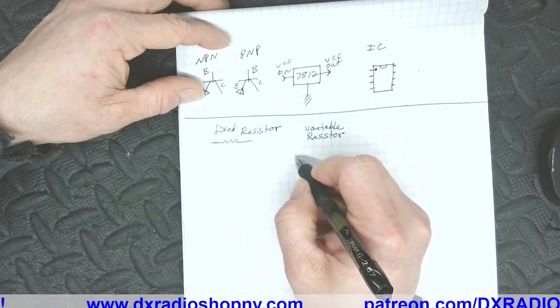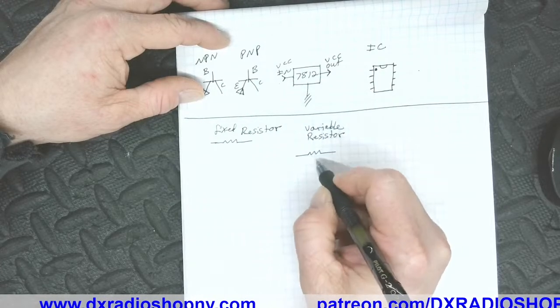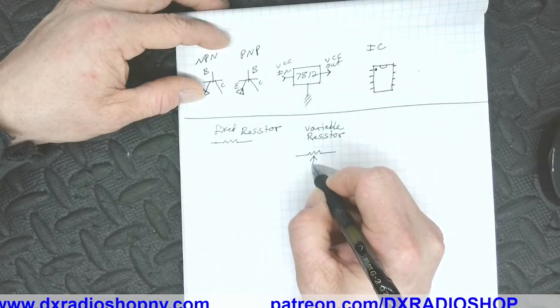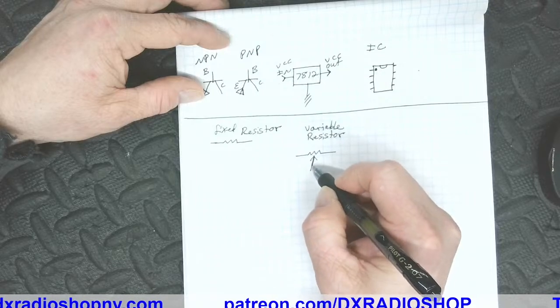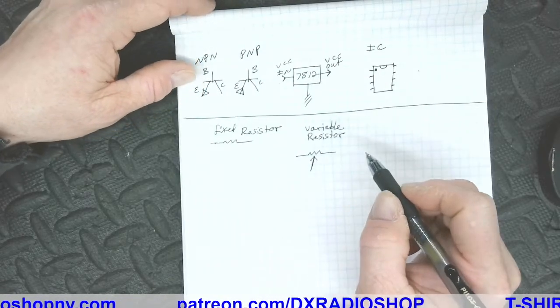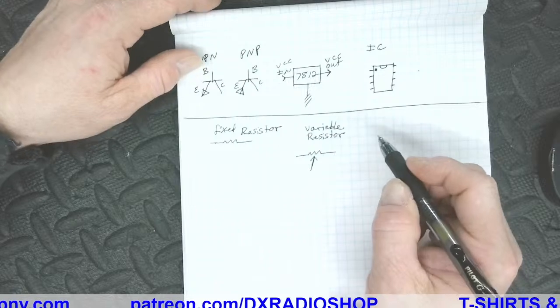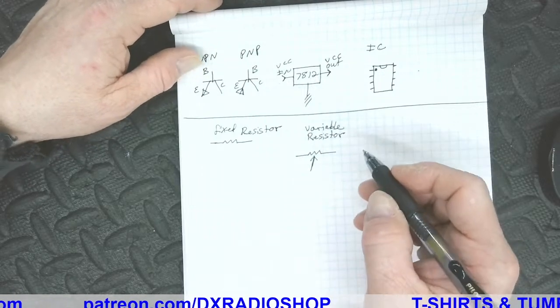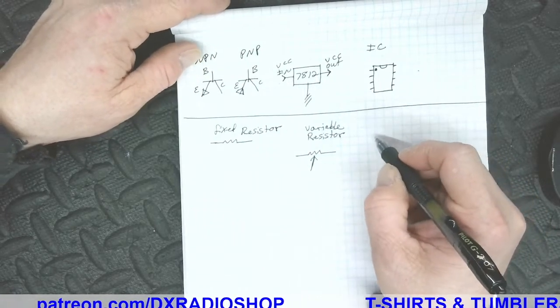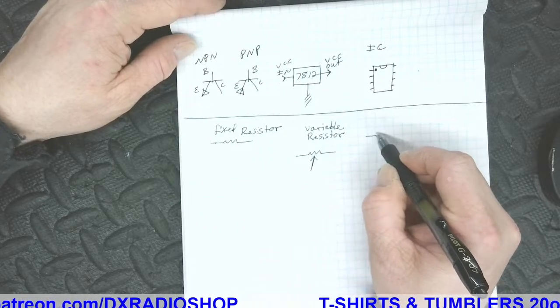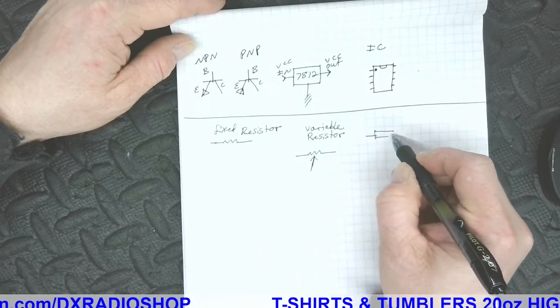Would be this. That is a variable resistor. And so there's different formalities of how they do the symbols as well. You might see a box like this.